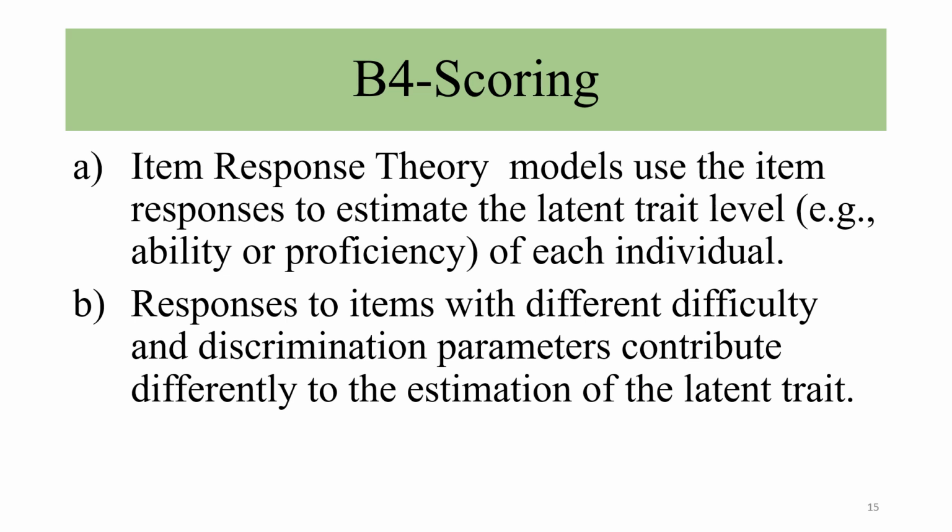Responses to items with different difficulty and discrimination parameters contribute differently to the estimation of the latent traits. So they are interested in estimating the ability level of the respondents depending upon the difficulty level and discrimination level of the items. These two concepts have been described in detail in the previous slides.